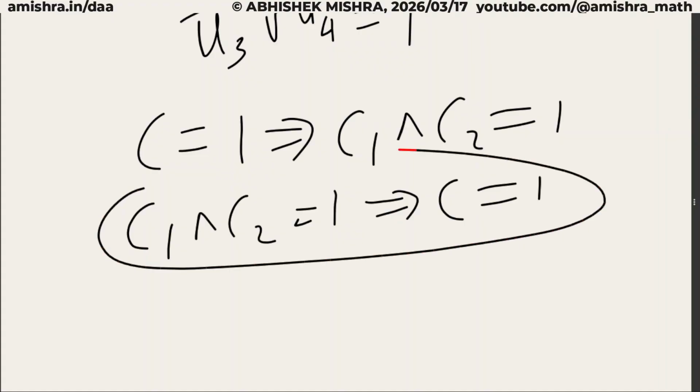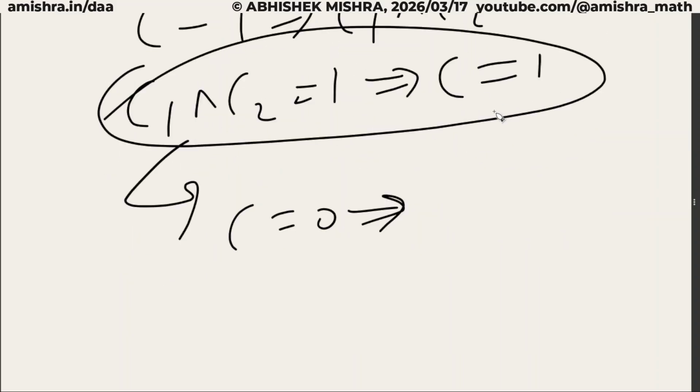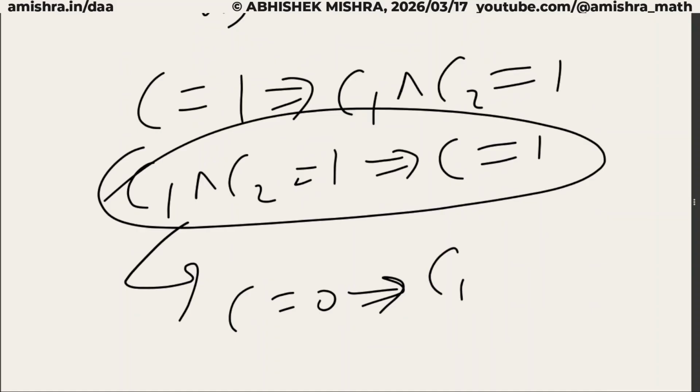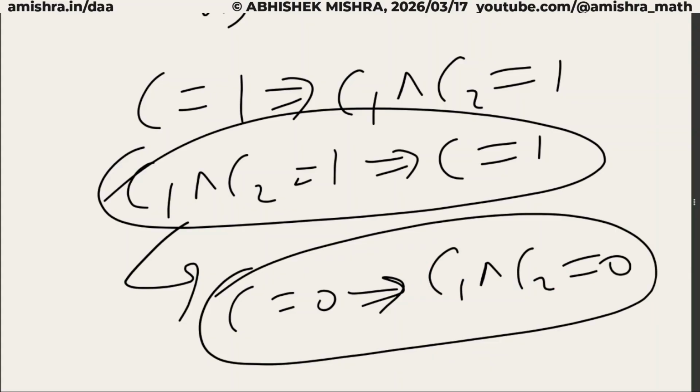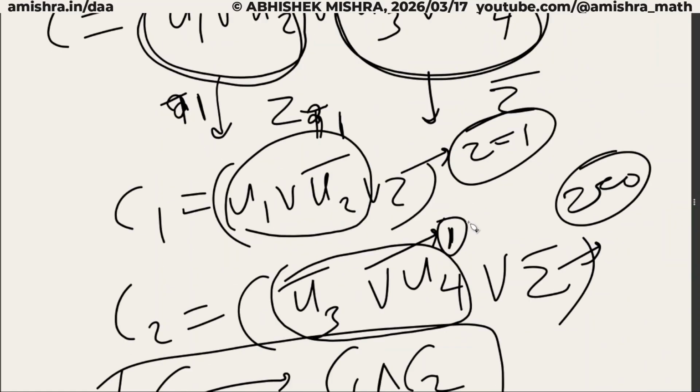For this just take its contrapositive, both are equivalent. C equal to 0 implies C1 and C2 is 0. This is also easy to prove. C is 0 means consider the two halves, both are 0. Now we ask what value of Z we should choose.